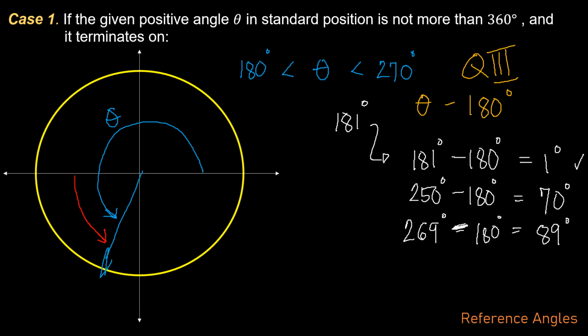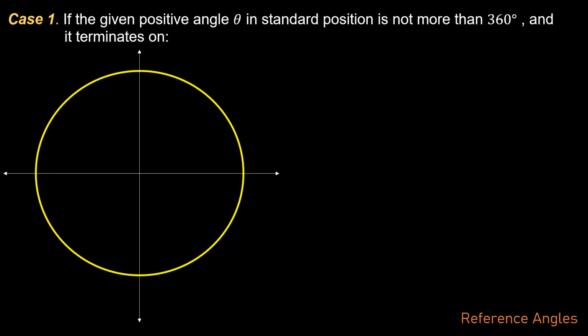What about if the angle is found on quadrant 4? If the angle is found on quadrant 4, and when we try to illustrate that, it will be like this. So here, then it terminates at quadrant 4. So the reference angle we're looking for is now being generated from the positive x-axis to that terminal side.